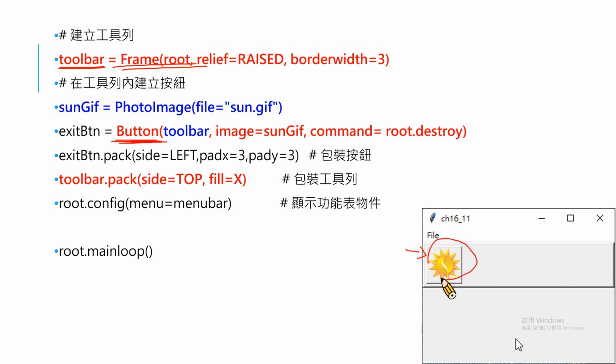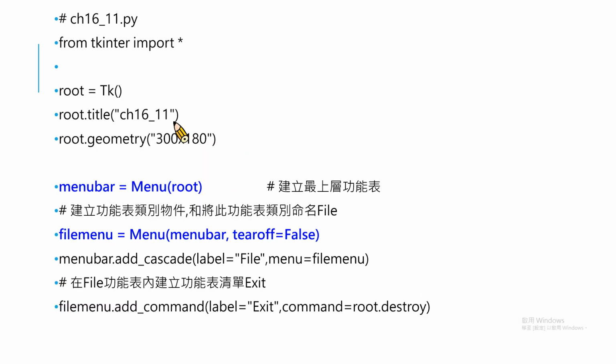Actually this is a button, and we set its image parameter because it's a GIF figure. So we use the image parameter. Another important thing is that we need to pack. We need to set the position of the toolbar, and we extend it horizontally. Basically it is like that.